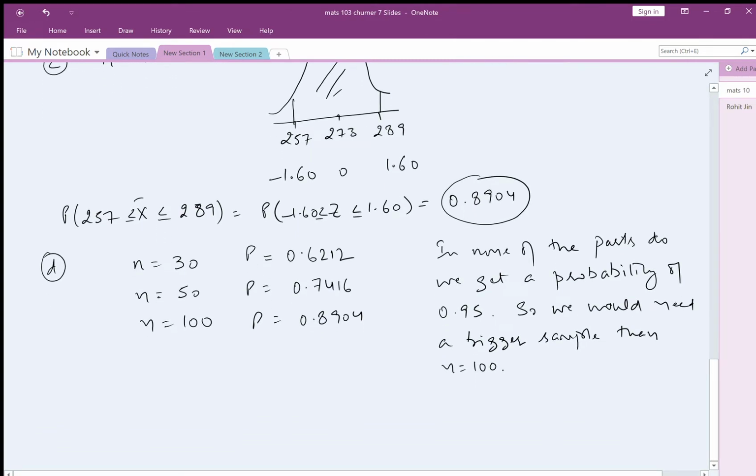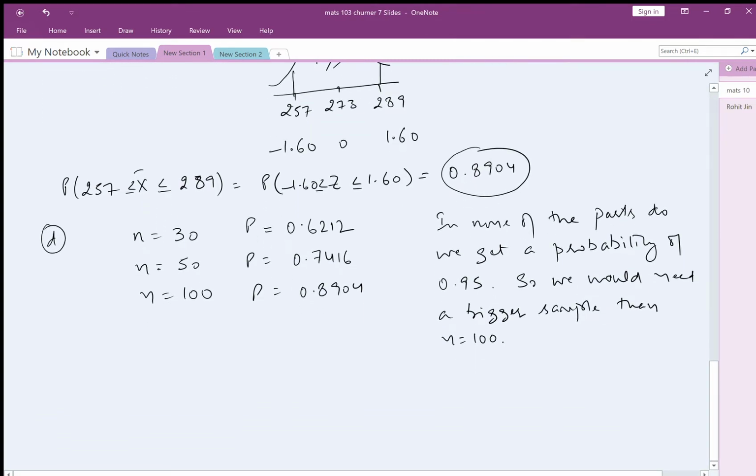Now, before we move on, a couple of things I wanted to discuss here. Number one, as sample size increases, you would see that your standard error goes down and the probability goes up.